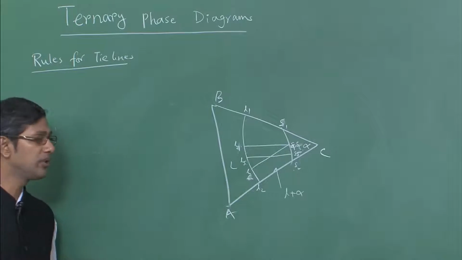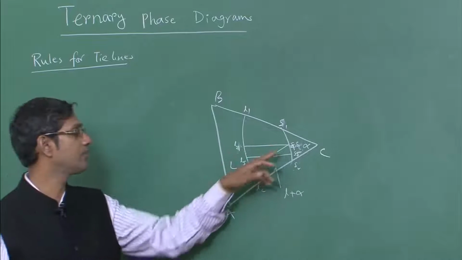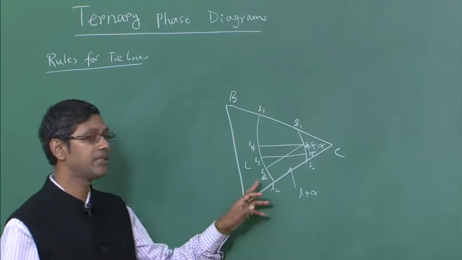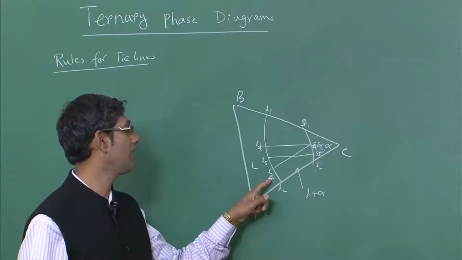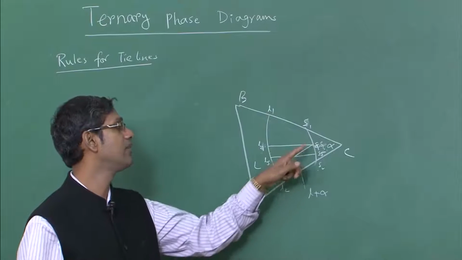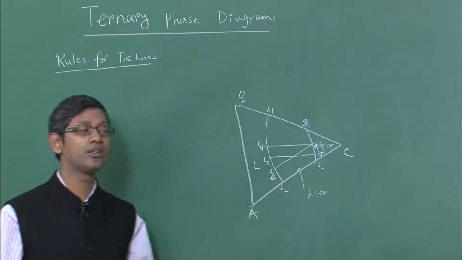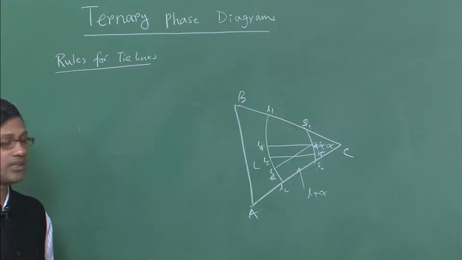According to the tie lines L4 S4 and L6 S6, there are 3 phases at equilibrium: liquid phase of composition L6, solid phase S4 composition and S6 composition. 3 phases are in equilibrium according to this construction.